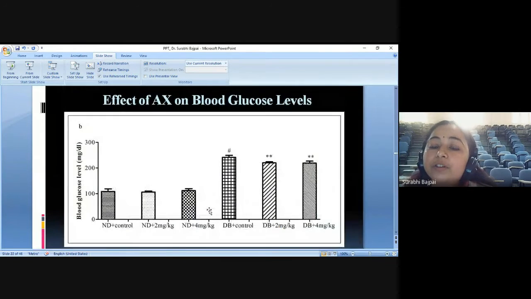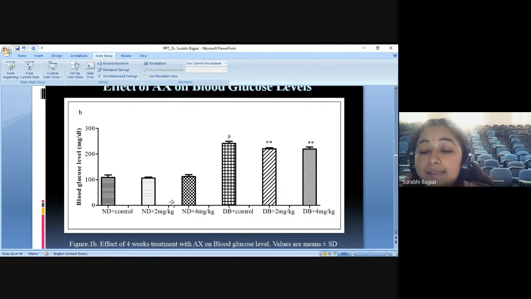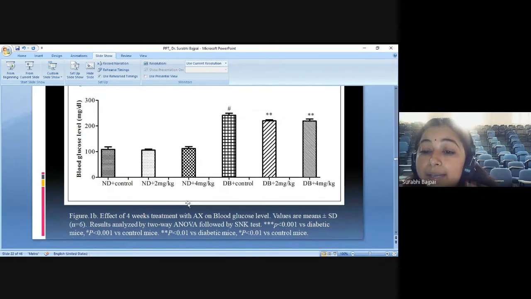Thereafter, we also assessed the blood glucose levels. In diabetic mice, the blood glucose level was significantly lowered by the administration of astaxanthin, and this may be the reason why astaxanthin has worked in our case.